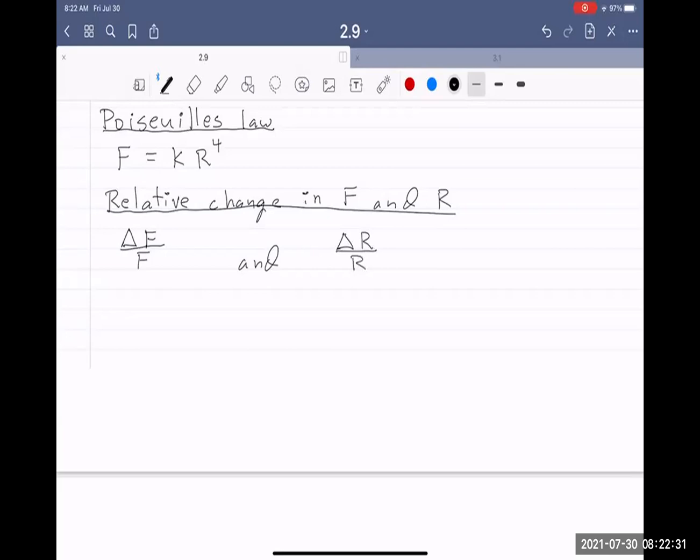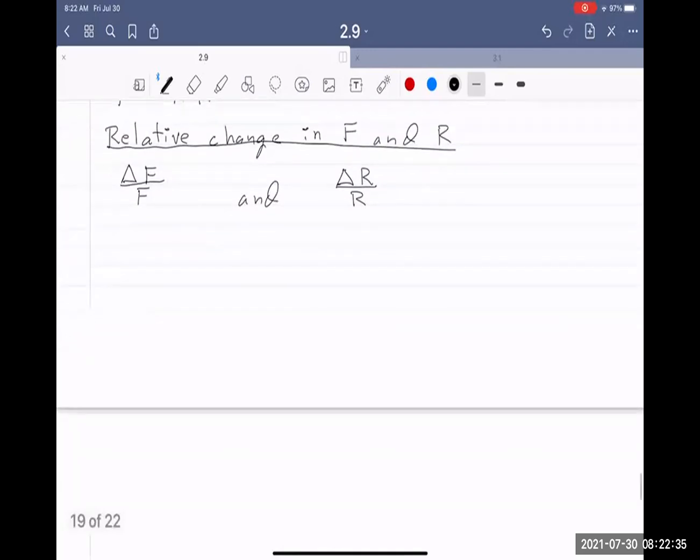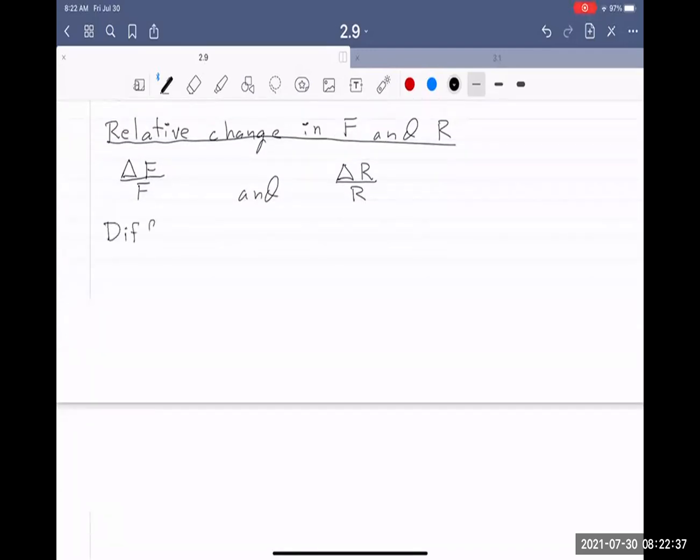Okay, so we know our differential approximation.